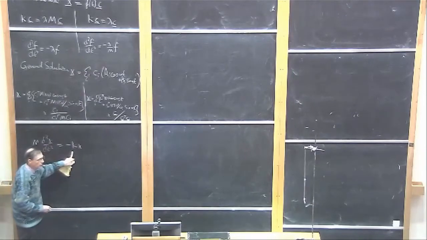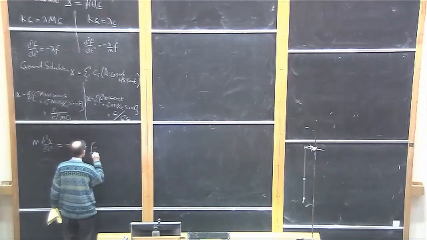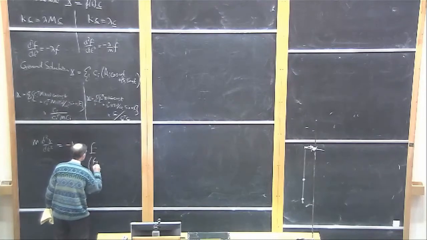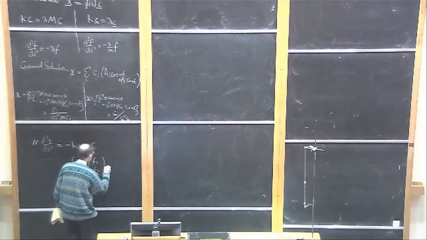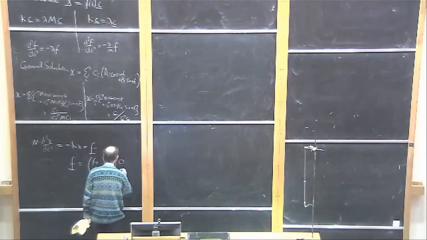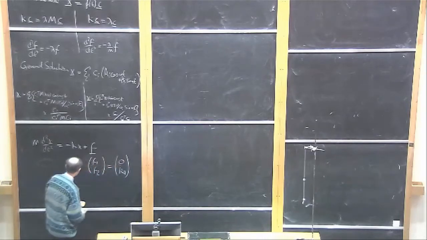This is the force from the spring system. I'm just going to add in the forces on the two masses, F, where F is the force on mass 1, the force on mass 2. And in this case, the force that I'm applying is 0 on the top mass and Ka on the lower mass. Okay?